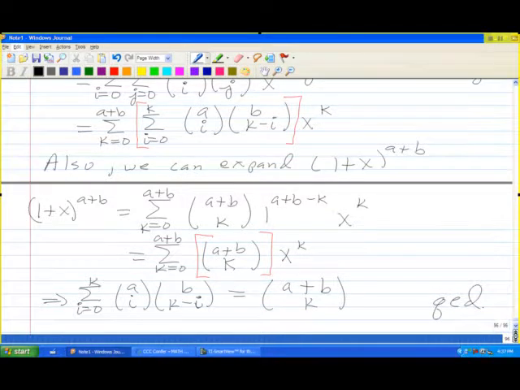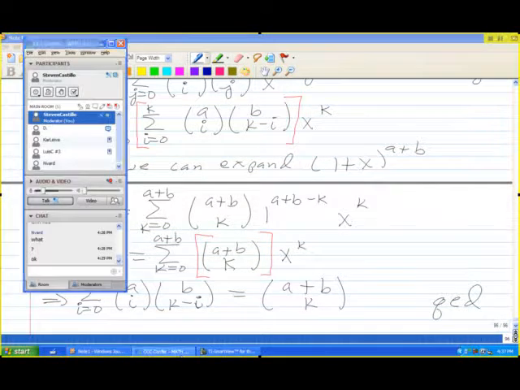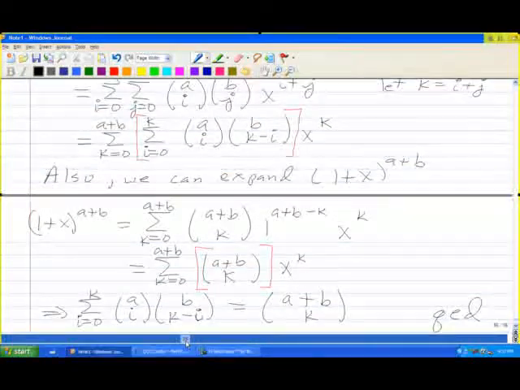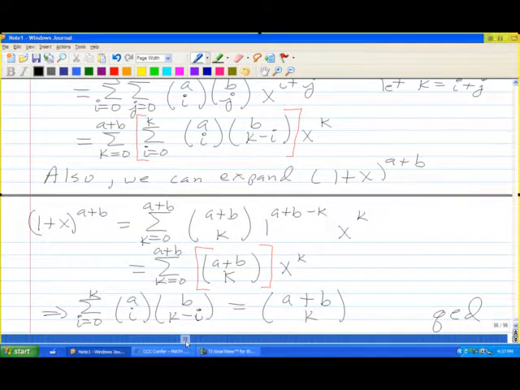And that's what you wanted to show. Okay. Just one short thing left is to show the binomial theorem. Let me leave that up for a second. And then we'll show the binomial theorem.